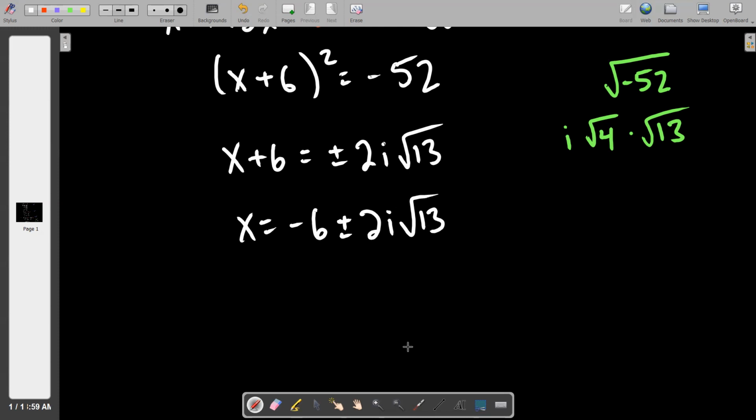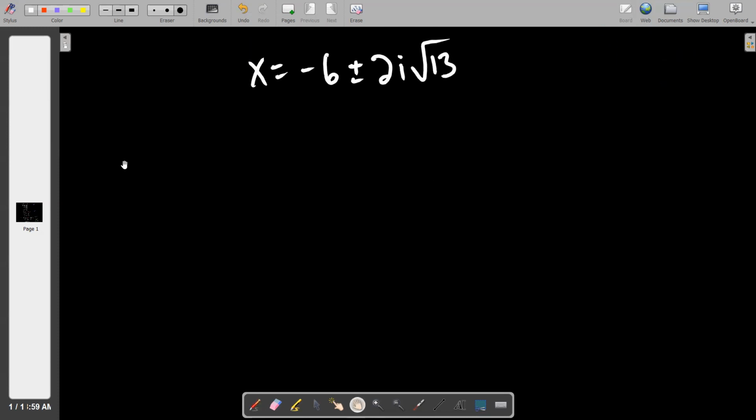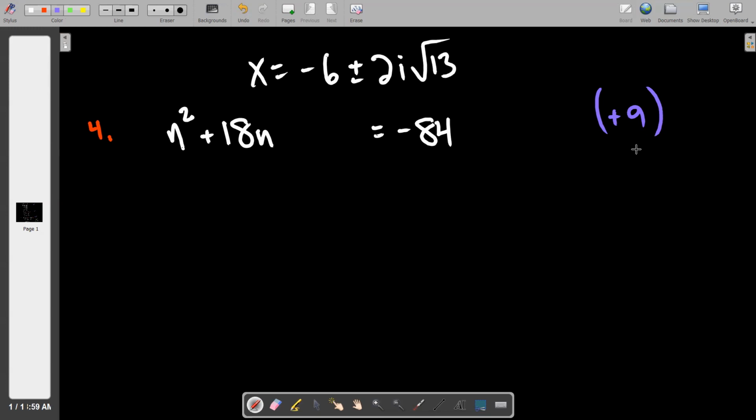All right. Question number 4. Number 4 looks like it's also in need of a little prep work. So I'm going to leave the n squared. I'm going to pull the 18n, and I'm going to leave the negative 84. Okay. Half of plus 18 is plus 9.